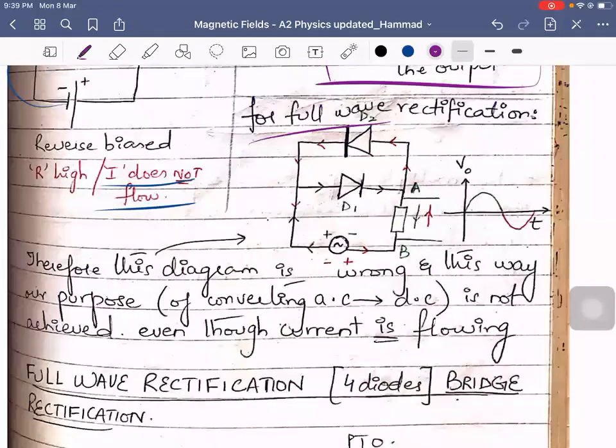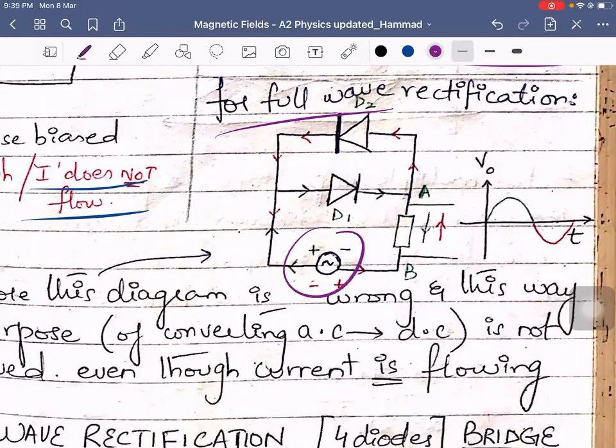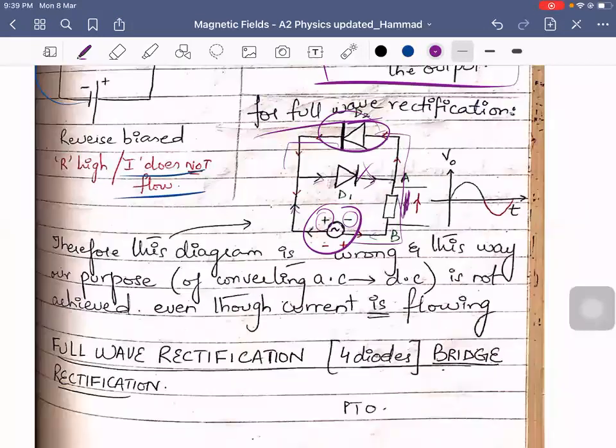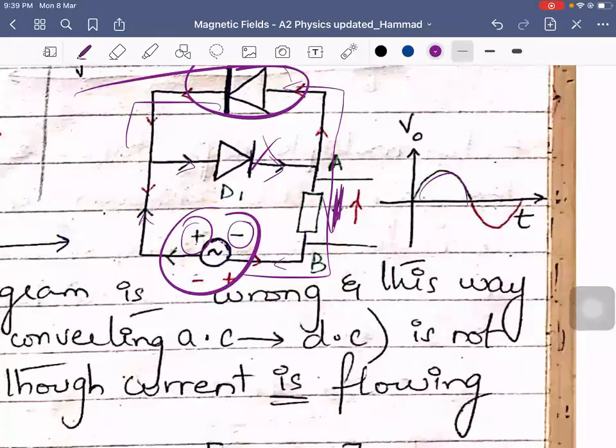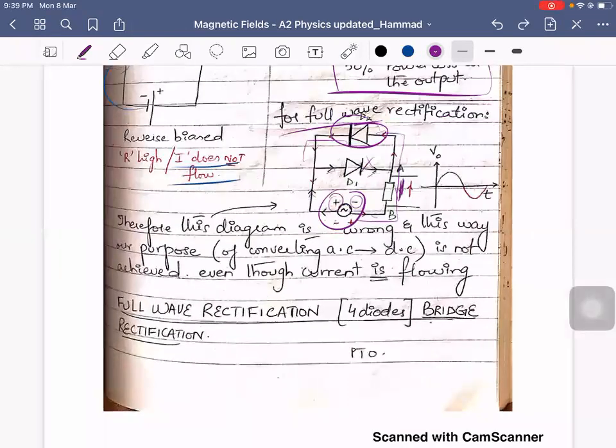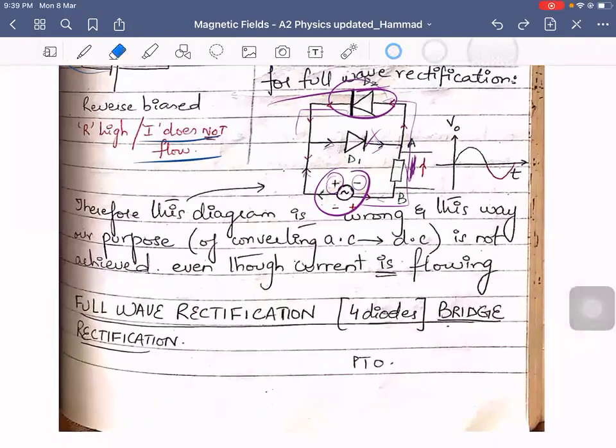In this part, again, an AC supply is connected, and the green lines will allow the current to be worked out using this diode. However, if you check the red part, it will be allowed by this diode, and D1 will not allow it. So as a result, the green gives you a wave like this, and the red gives you a wave like this. Therefore, this diagram, but you need to understand one thing.